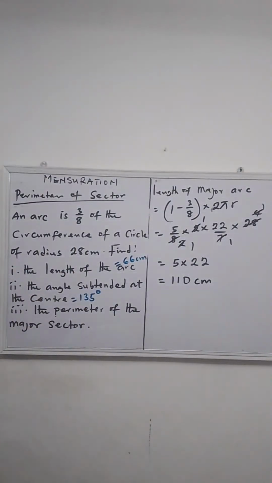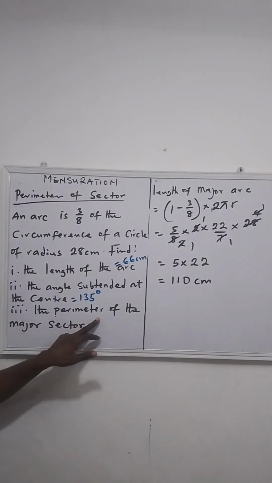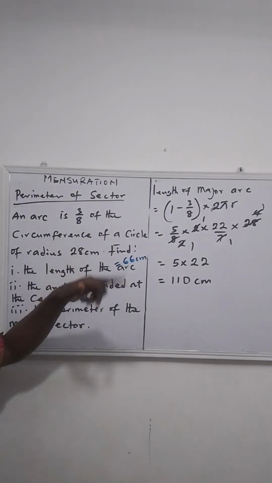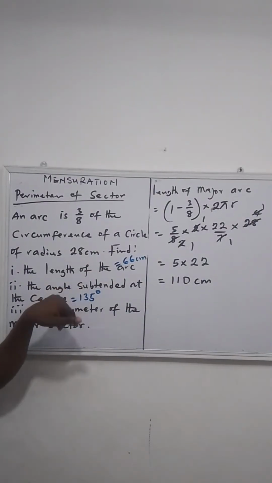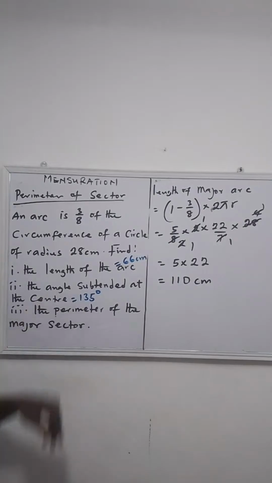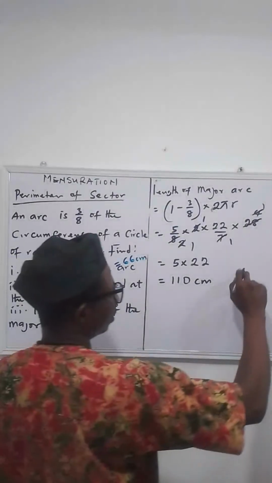Okay, so now we want to get the perimeter. Now the perimeter is going to be the length of the major arc plus the 2 radii. Do you understand that now? Because it looks like this.